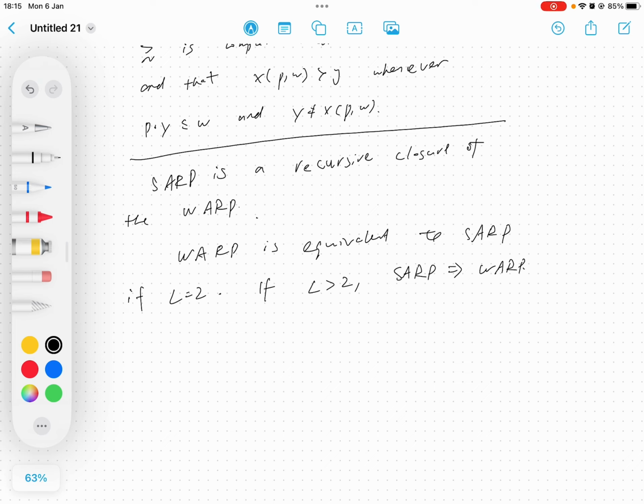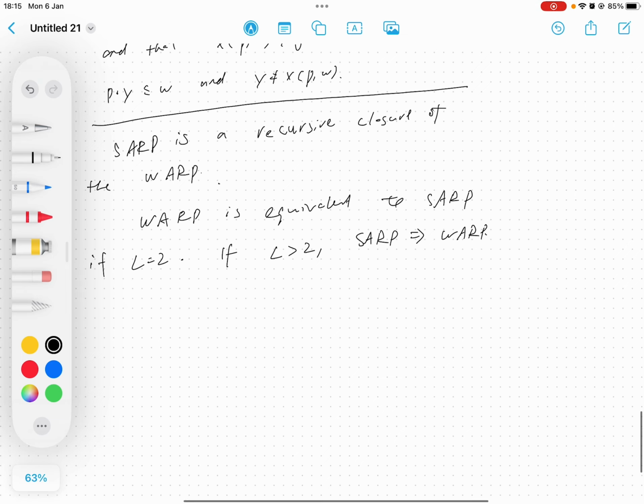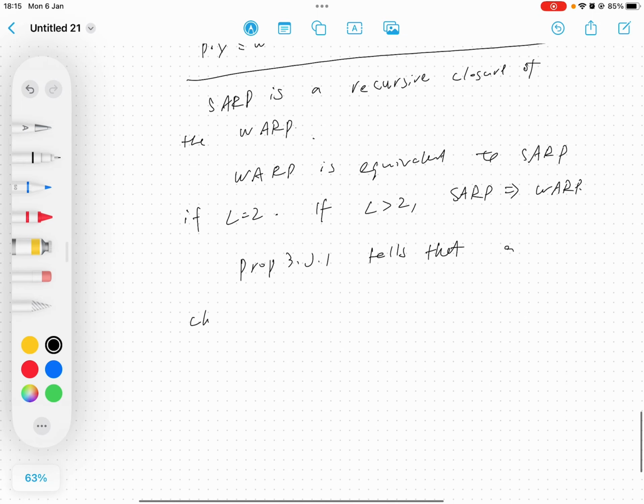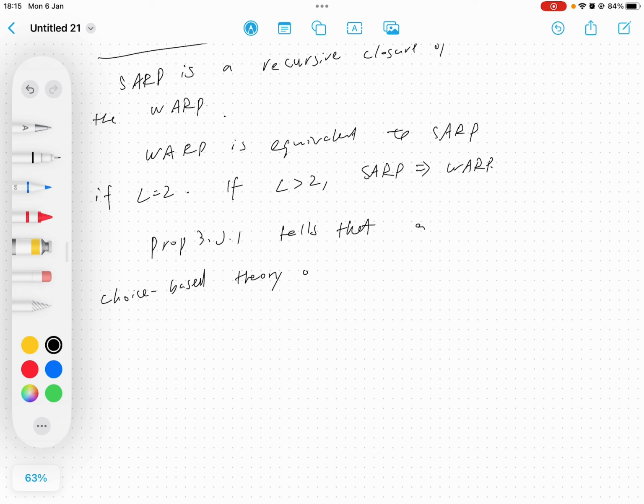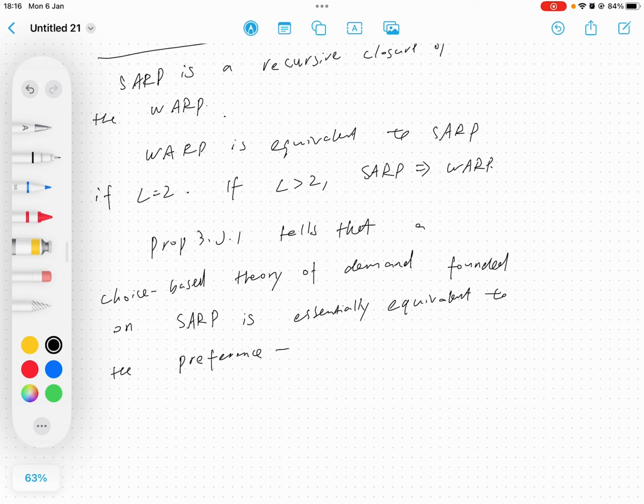In Proposition 3.J.1, which we just proved, it essentially tells us that a choice-based theory of demand, which is founded on the SARP, is essentially equivalent to the preference-based theory of demand that we discussed in this third chapter.